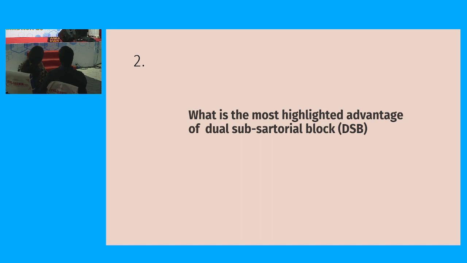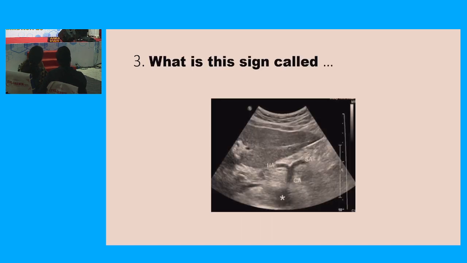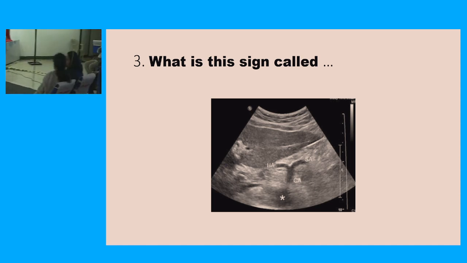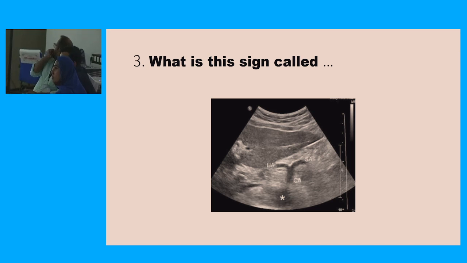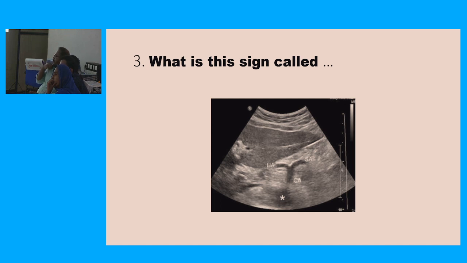Now to team A. You are ready, right? Just need to say, what is this? What is this sign called? Yeah, that's right. Just tell the name. Antler sign or bicycle handle sign?